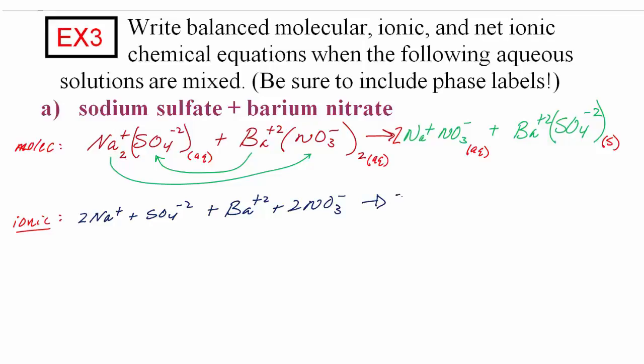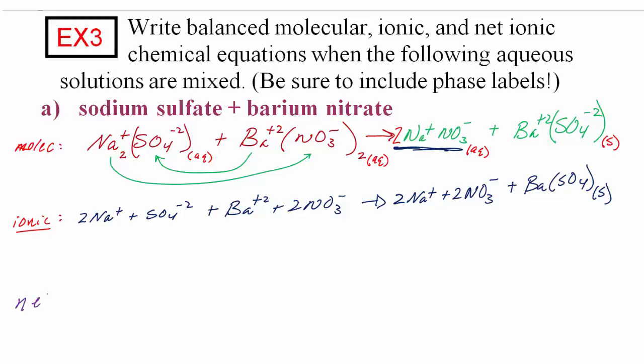Product side, 2 sodium ions, right? Because I have 2 of these guys. So I have 2 sodium ions and 2 nitrates, because 2 sodium nitrates are breaking up. And then the barium sulfate, but keep those ions together because it's a solid.